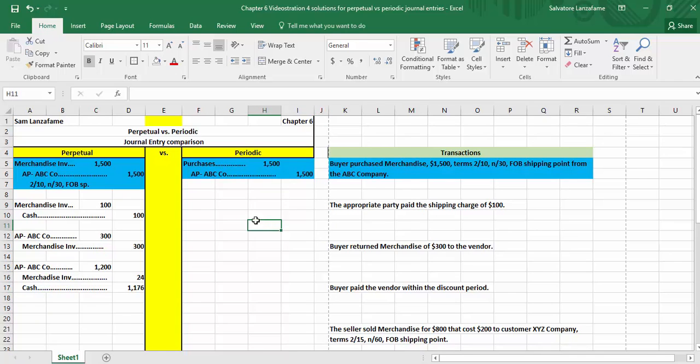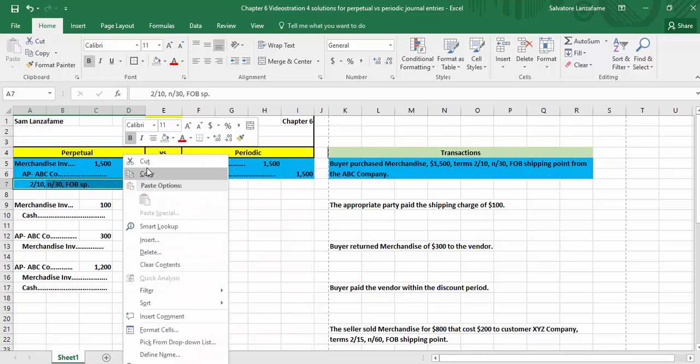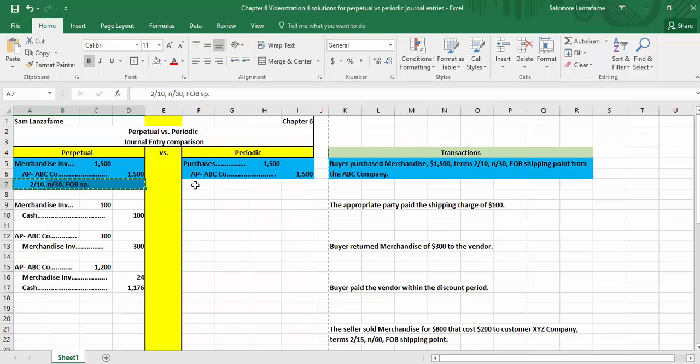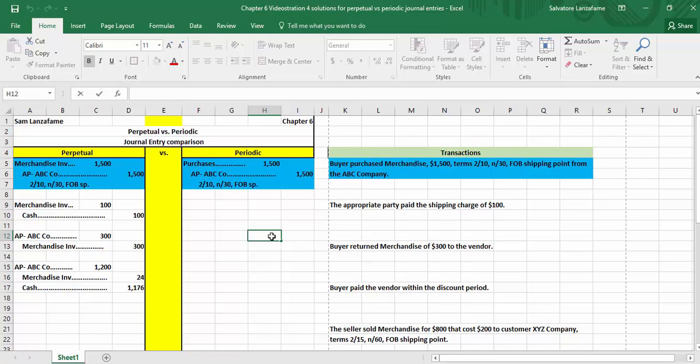Okay. Again, I'll probably put the explanation as well. I'll just copy this one because it's the same thing. So again, notice the difference between the two.